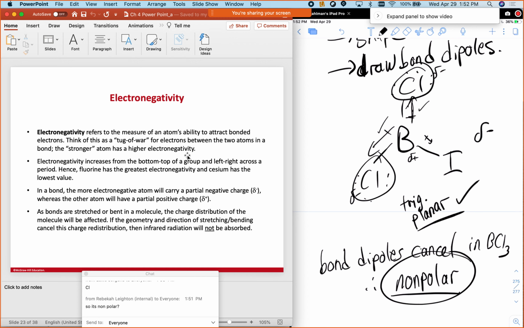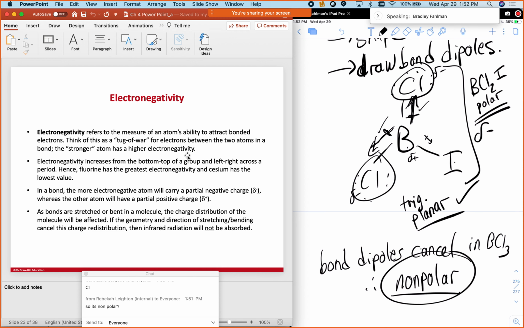It's not as different in electronegativity between these two. So now you've got something pulling that hard, the same magnitude, and now you've got something just a little bit here. So they don't cancel anymore. So what is that? BCl2I would be polar, because they don't cancel one another.